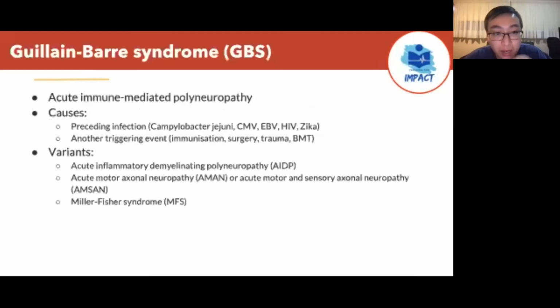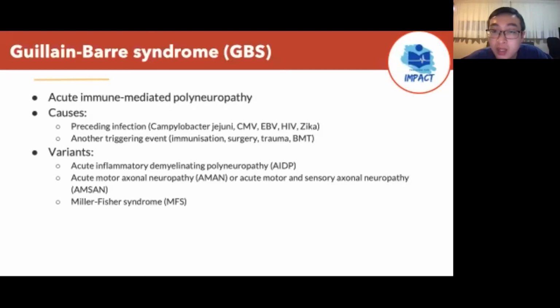So a quick word about Guillain-Barré syndrome. I'm not sure if this is a condition that you guys have seen on the ward before. It's an acute immune-mediated polyneuropathy, typically provoked by a preceding infection, most commonly Campylobacter jejuni, but it could also be precipitated by other infections, including EBV.